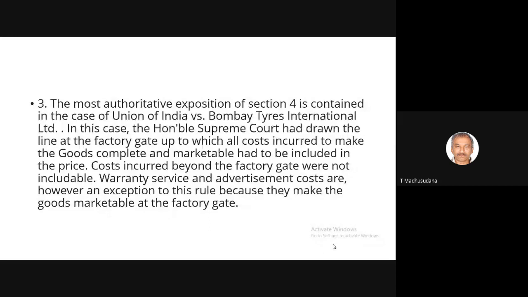But warranty service and advertisement costs, warranty services, that means the expenses incurred for warranty.